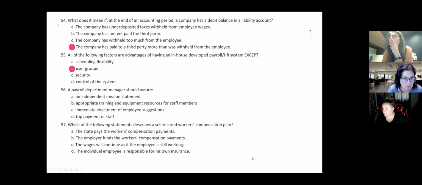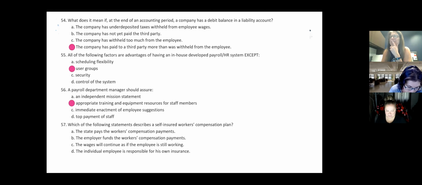B, user groups. A payroll department manager should assure... I'm definitely going with D. If anybody's not with me, then I don't know what's wrong with you guys.